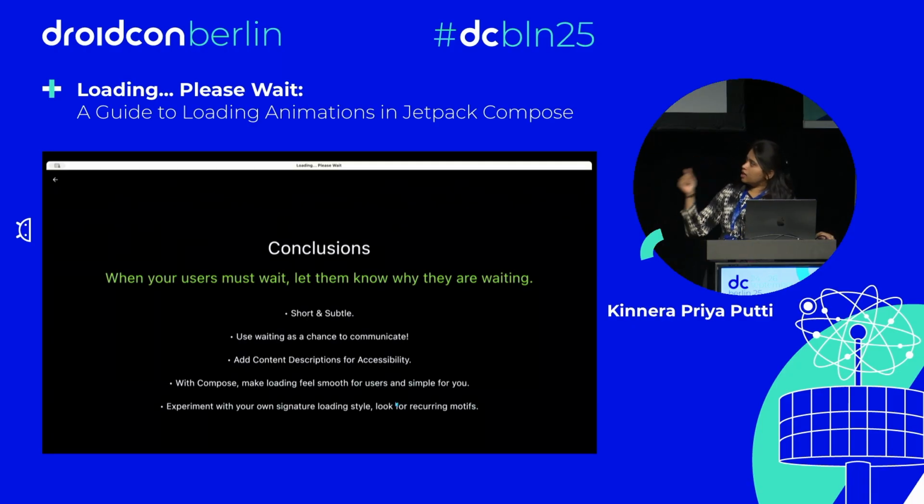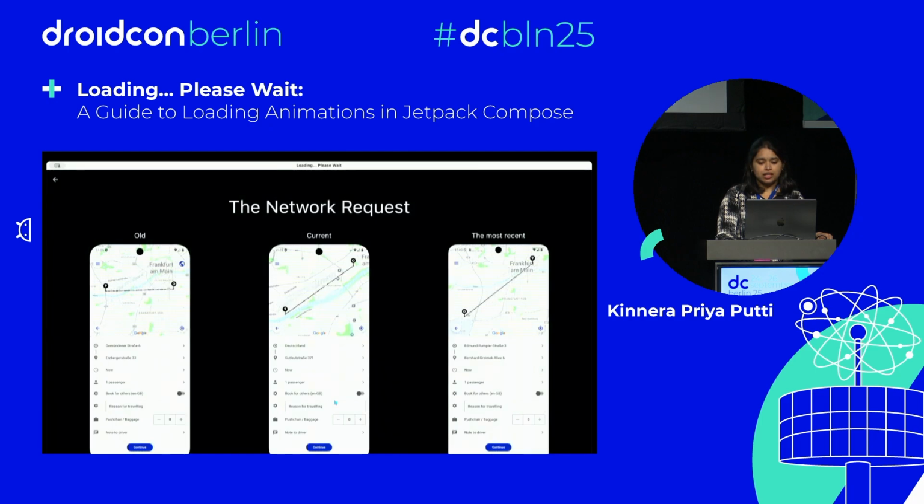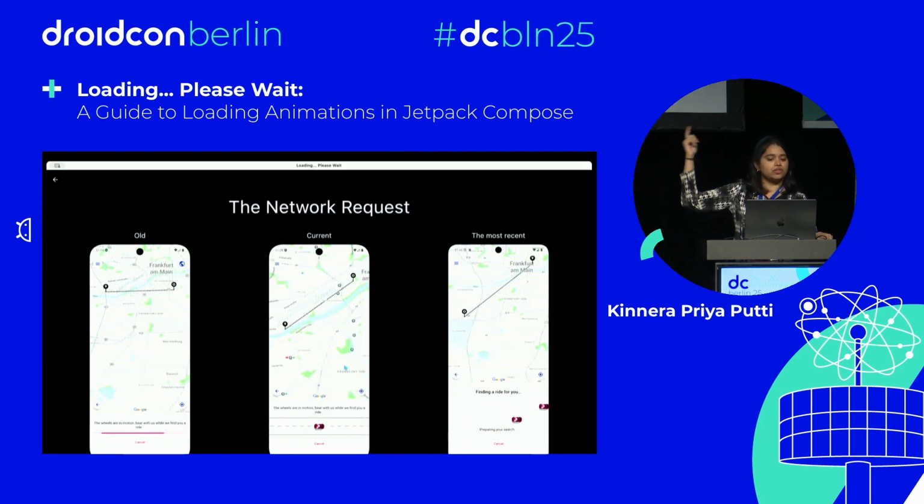Number four, again, kind of a continuation of that, is to experiment with what works for your app, right? Personality should not slow you down. Adding cute animations is great, but this personality should not slow down what already works on your app, right? Look for recurring motifs. Like for us, as I showed you, we have a little shuttle that we see all throughout the app.